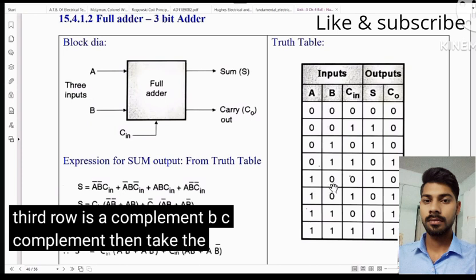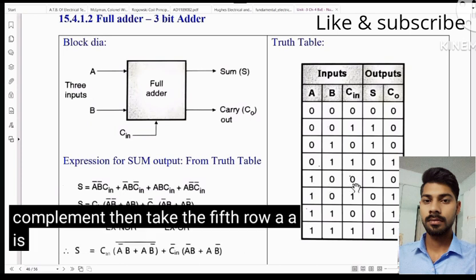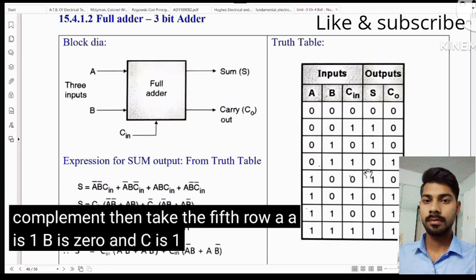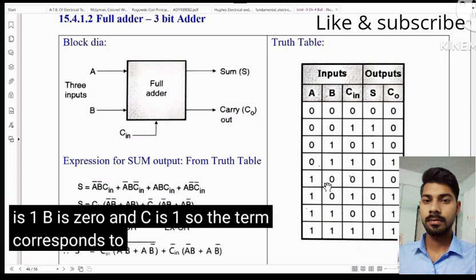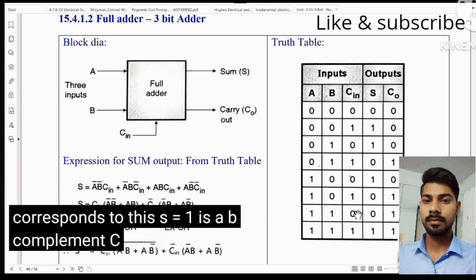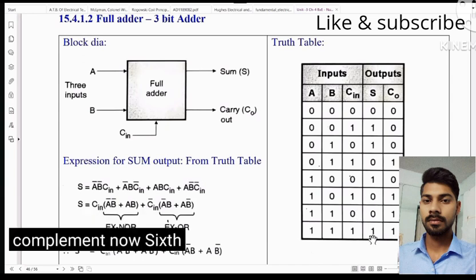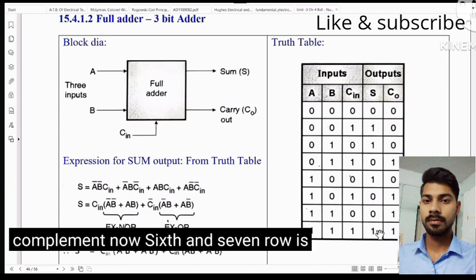Then take the fifth row. A is 1, B is 0, and C is 0. So the term corresponding to this S equal to 1 is A, B complement, C complement. Now 6th and 7th rows are 0.